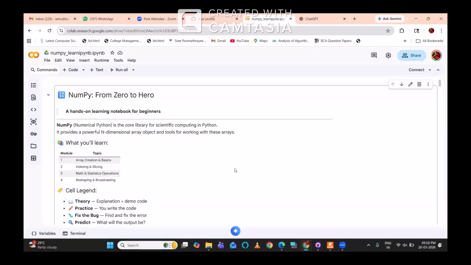Yes, so we can store data in the format of list, dictionary, and also in tuples. Okay. So we can keep a collection of data within list, dictionary, tuple, as well as one more thing, set. Okay.